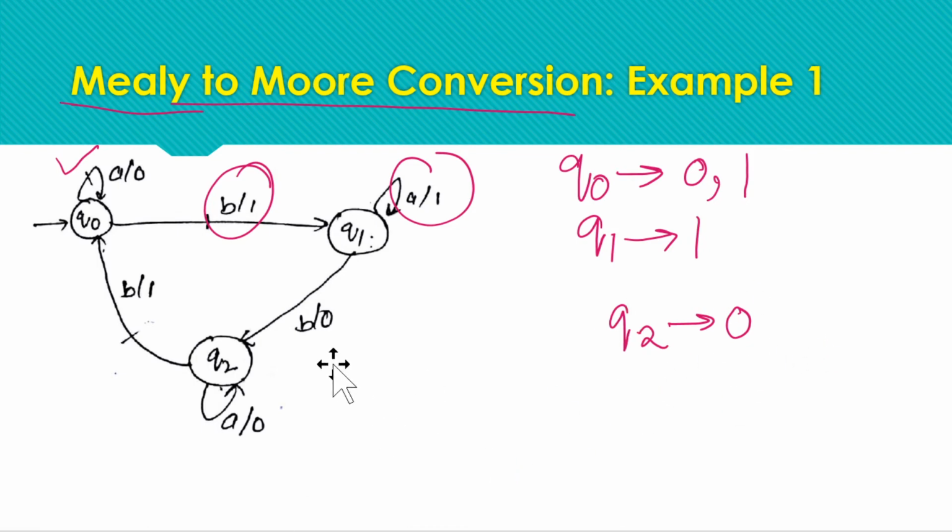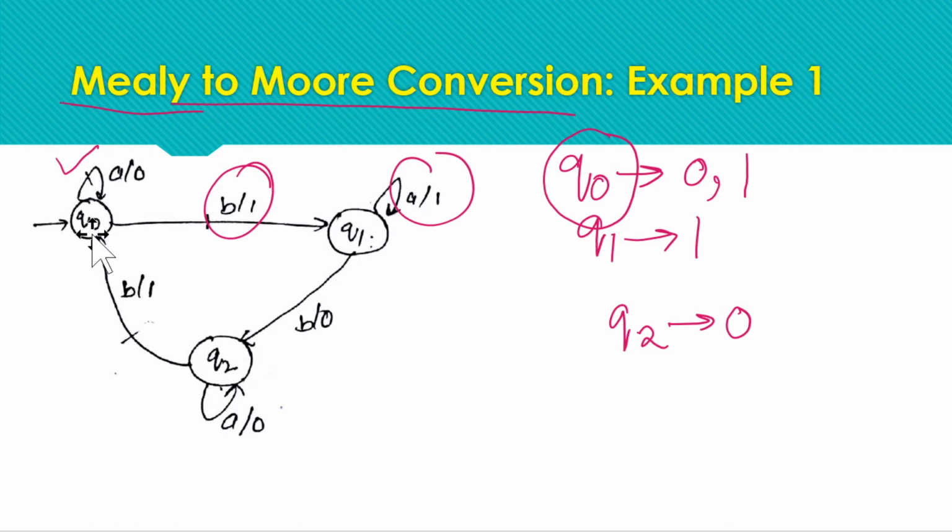So we have only one output corresponding to the state Q2. This is clear from the Mealy machine here, that for the corresponding Moore machine we need to have 2 states corresponding to Q0, because Q0 is generating 2 outputs in the Mealy machine. That purpose is solved with a single state in the Mealy machine, but we cannot have a single state for 2 outputs in a Moore machine.